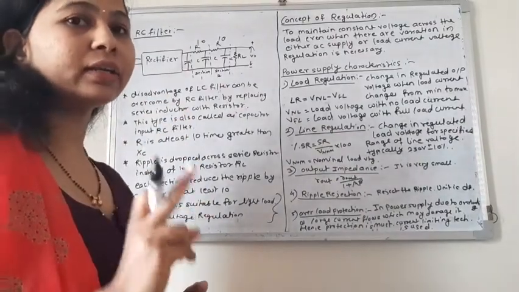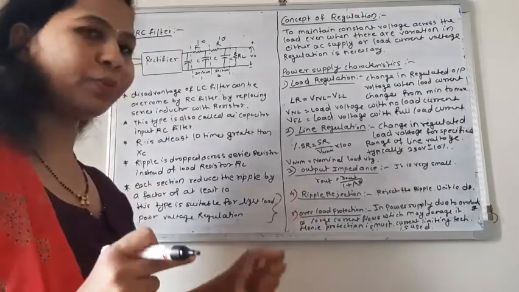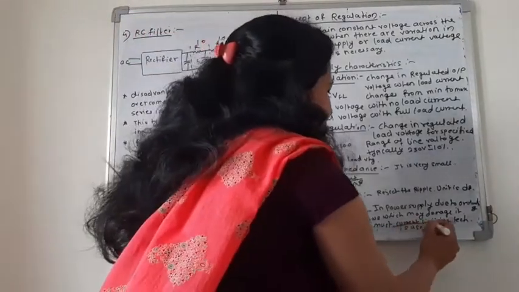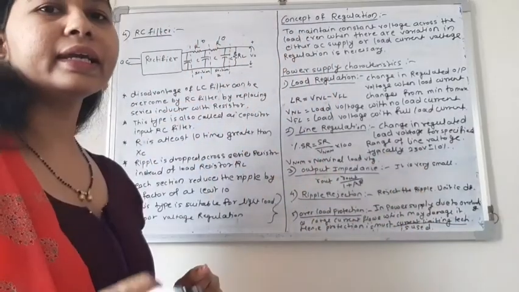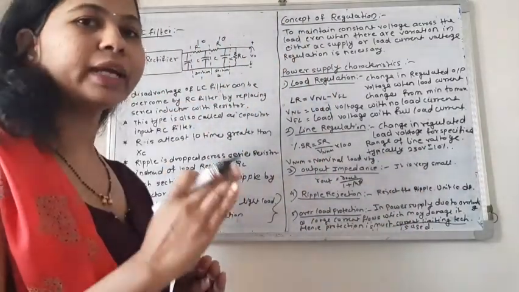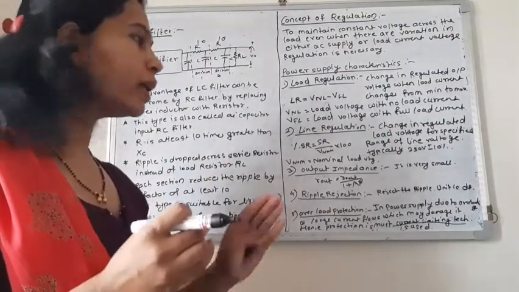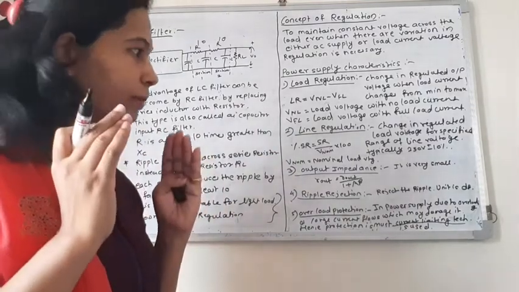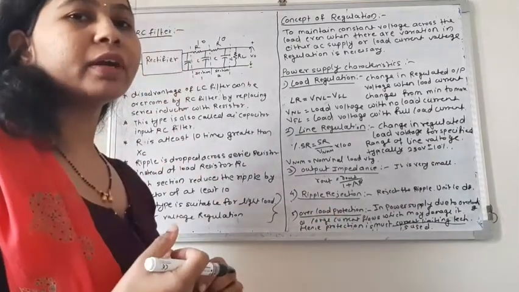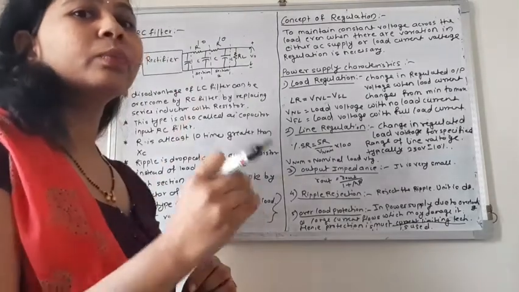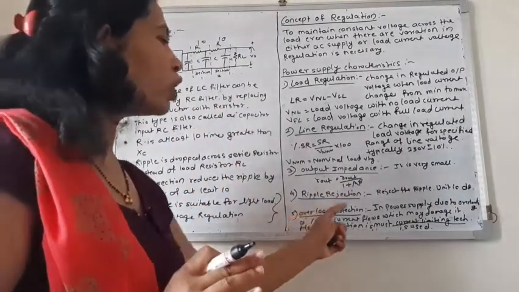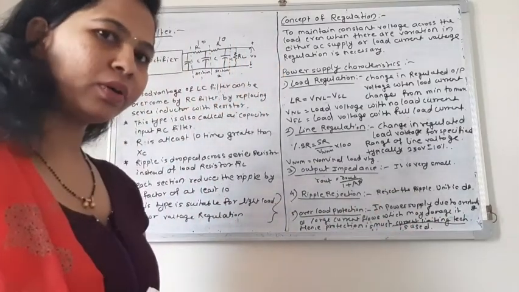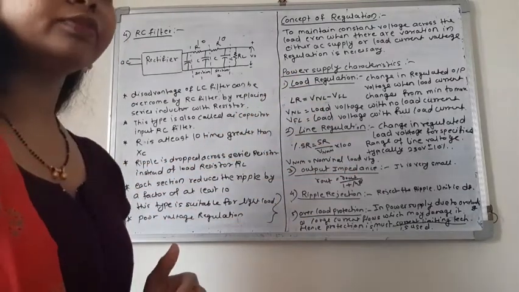To stop that we need overload protection, and for that purpose we use the current limiting technique. So these are the characteristics of power supply.